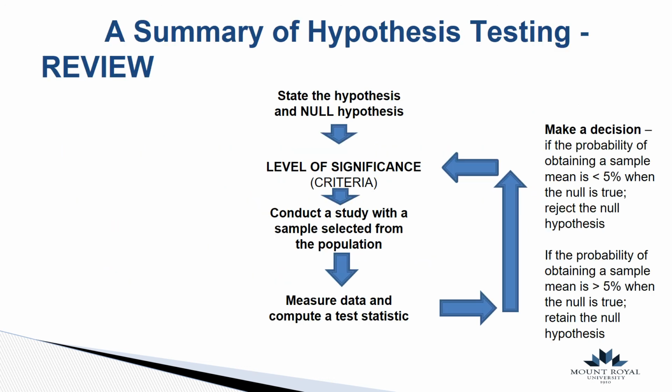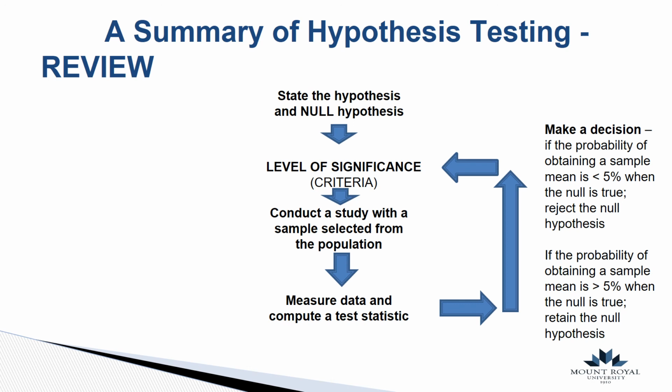So just a little summary of hypothesis testing. For the 4 steps, we're going to state the hypothesis and the null hypothesis. Then we're moving to stating the level of significance. This is the criteria we're going to use to determine the results of our study. We're going to conduct a study with a sample selected from our population.